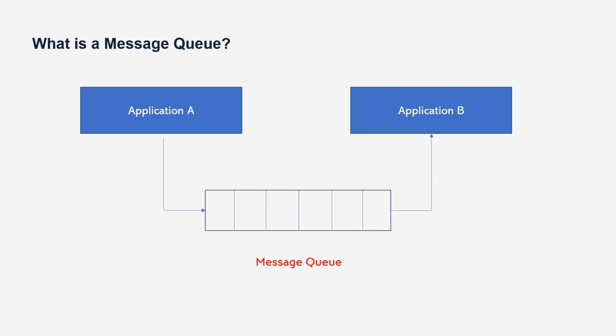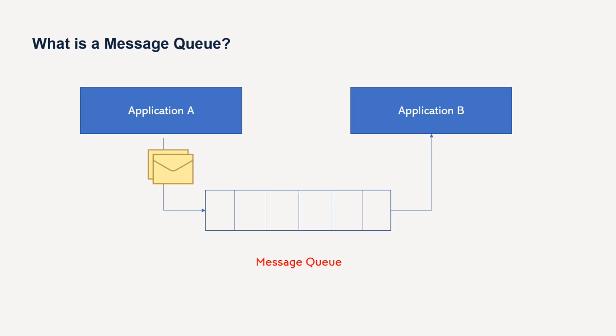But app A will not wait for the response right away. A message means any payload which has the data to be processed, along with some headers which are part of the message to identify it uniquely.